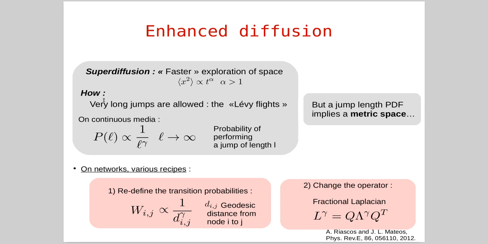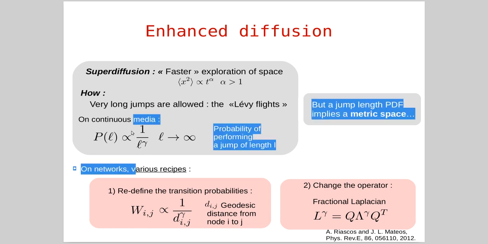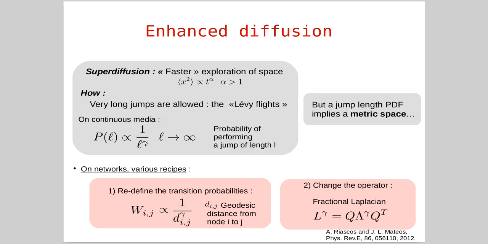You allow your walker to perform long jumps, and the way it was defined on continuous media was taking a probability distribution for the jump length, where the jump length is here, L, and this probability distribution has a tail in a power law shape with this gamma exponent. So what you're saying is that the probability of making a long jump is rather big, so that you have a walker that explores space very fast.